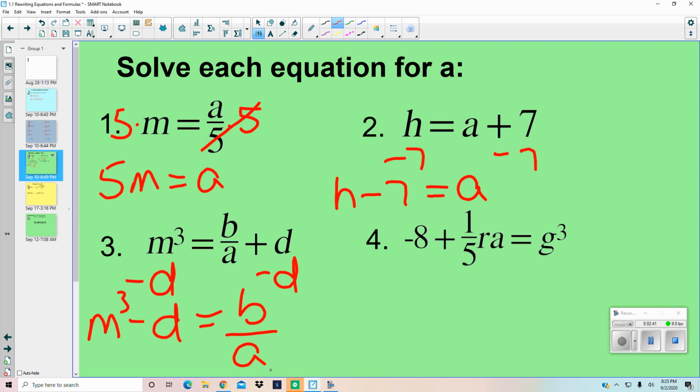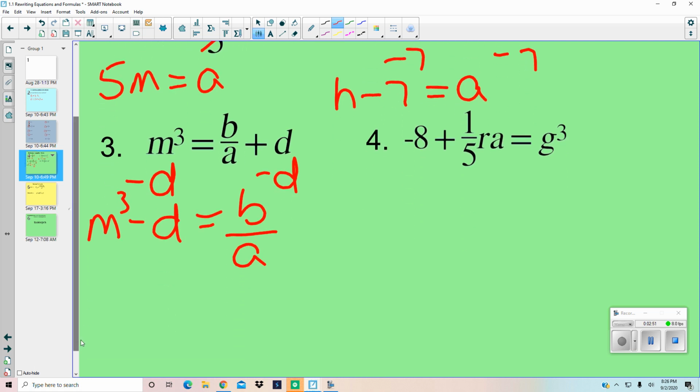In number 1 I had A over 5, but now I have B over A. In order to get A by itself, the first thing I'm going to have to do is multiply this whole left side by A. Then I would be left with a B here, because that goes away.